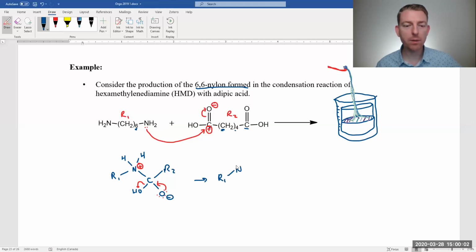Now we've got the nitrogen, hydrogen, hydrogen, still bonded to the carbon, which is now double bonded to an oxygen, R2. And also we've made a hydroxide, right? And that has the negative charge. The positive charge is still on the nitrogen, but it's going to be more electronegative.